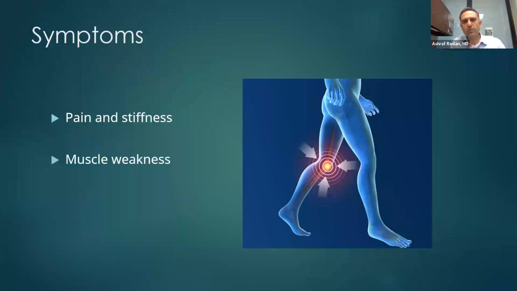This can lead to muscle weakness, mainly because of the loss of use of the joint. We use the joint less and the muscles around the joint get weaker. It's very typical, let's say, for knee osteoarthritis to have weak quadriceps muscles. The quads become weaker.